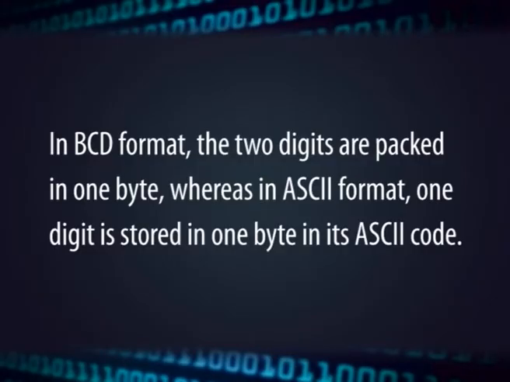The data format can be unsigned or signed binary numbers, BCD format, or the number represented as a sequence of characters in ASCII format. In BCD format, 2 digits are packed in 1 byte, whereas in ASCII format, 1 digit is stored in 1 byte in its ASCII code.